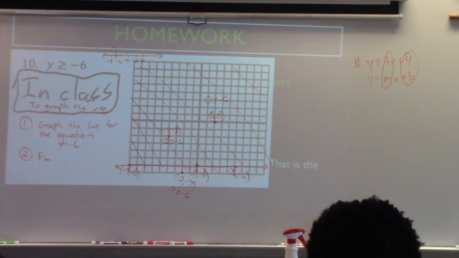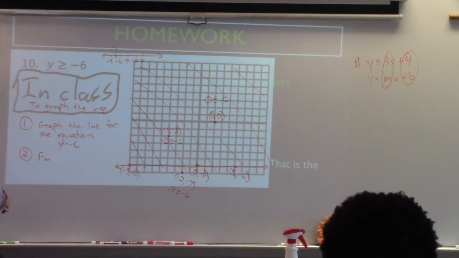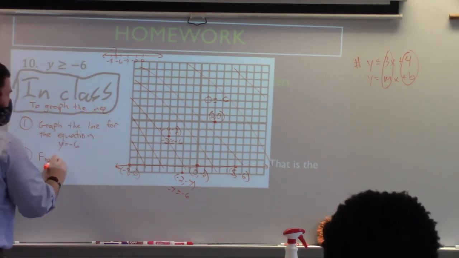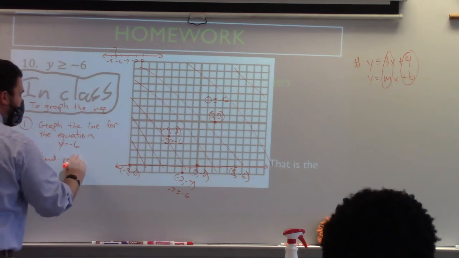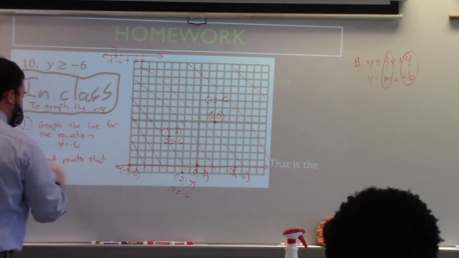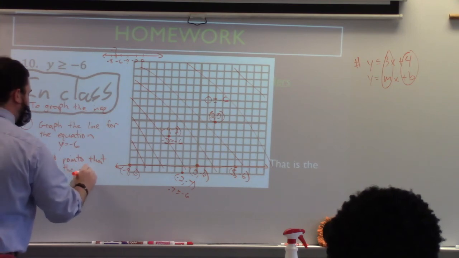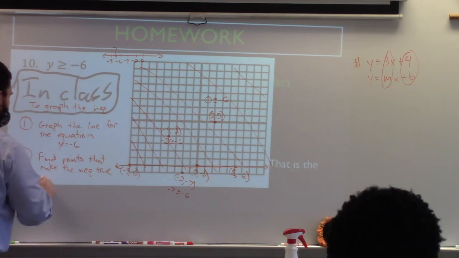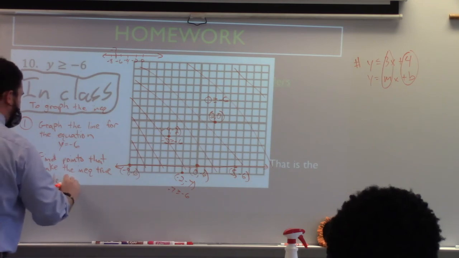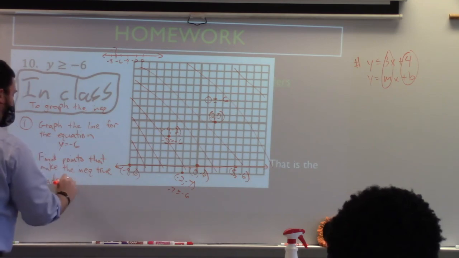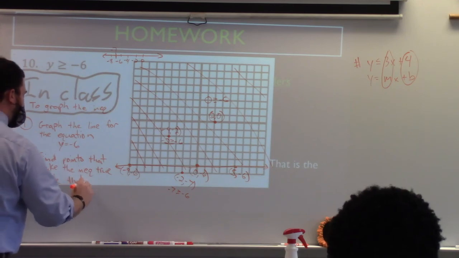I wouldn't literally shade everything. I would just do some lines in there to show, because that's a lot of shading, right? So two, find points that make the inequality true. Three, shade those points, or shade that region, I guess.